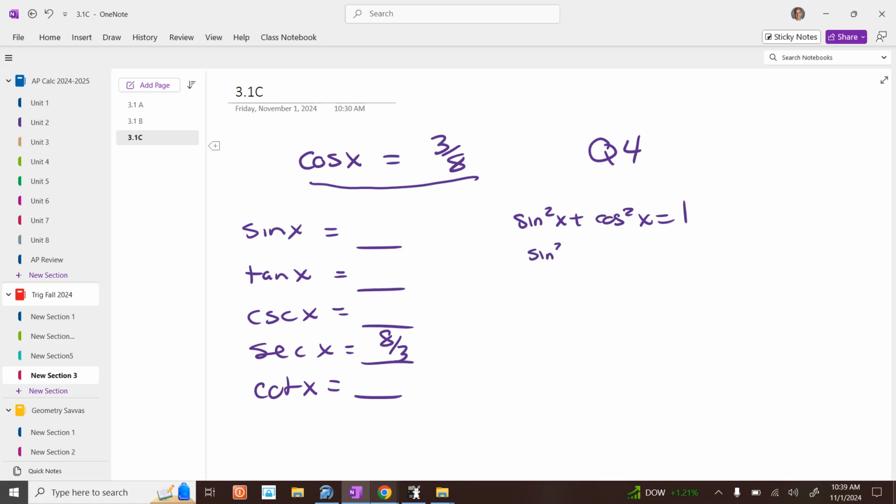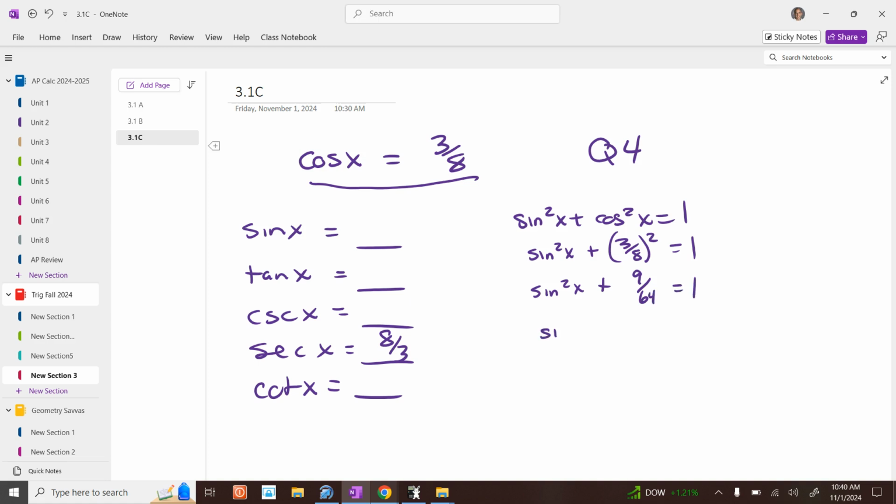So sine squared of x plus 3/8 squared equals 1. Now you just solve for sine. Sine squared of x plus 9/64 equals 1.